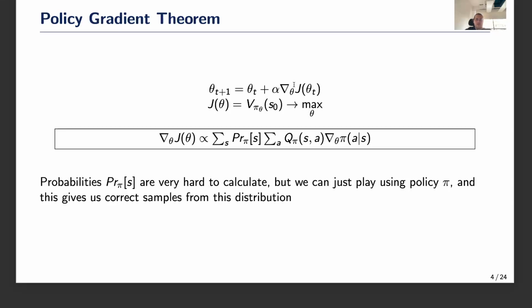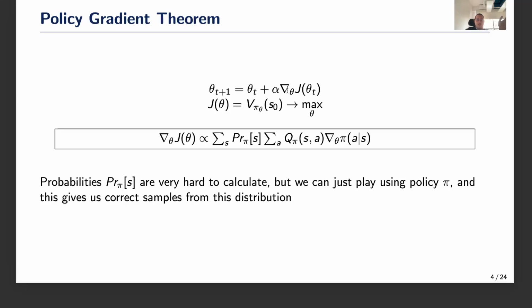Here is the central result. Let's break this down. So this would be the gradient of the expected return. The outer sum is over states, weighted by how likely they are under the current policy pi. The inner sum is over all our actions, weighted by the expected return.